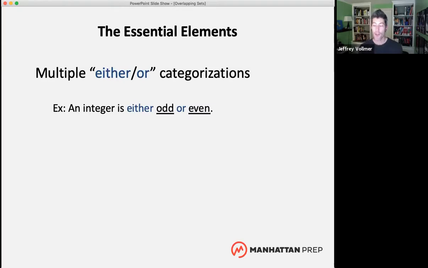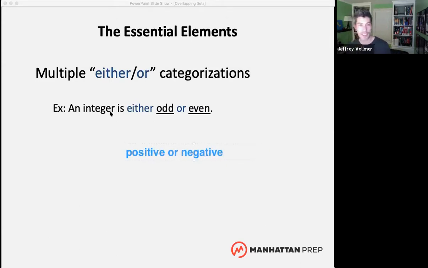All right, so you can hit me up privately in chat, or you can send it to the group. I have one suggestion that is positive or negative. And I kind of like this because it's not even limited to integers anymore. However, I'm going to say this is very close to an either-or categorization, and I'm wondering why I won't give this the 100% stamp of approval.